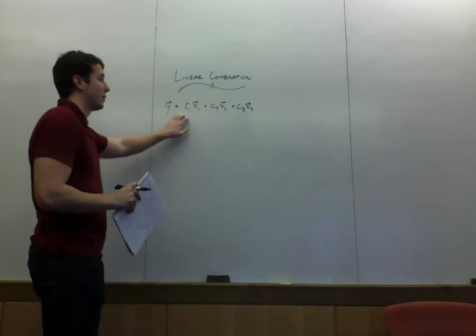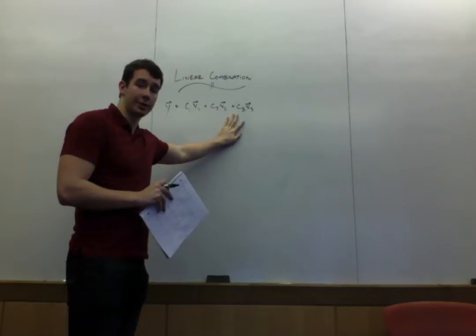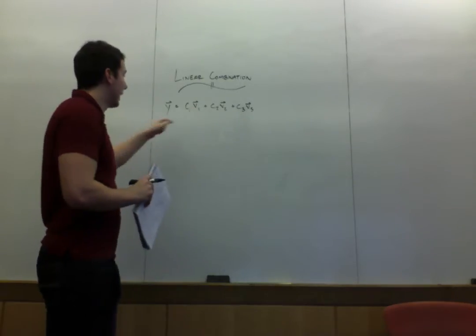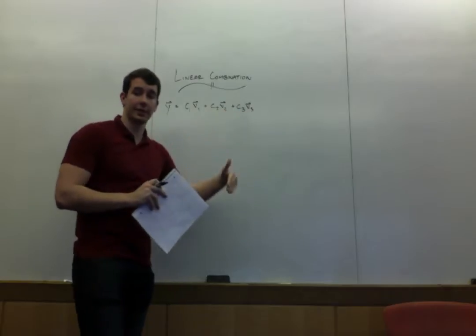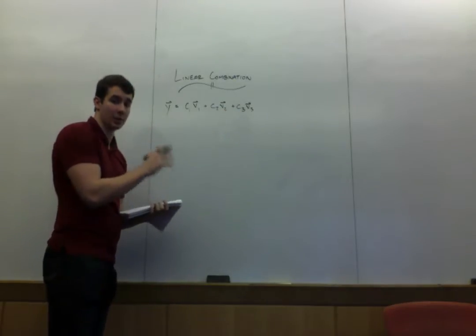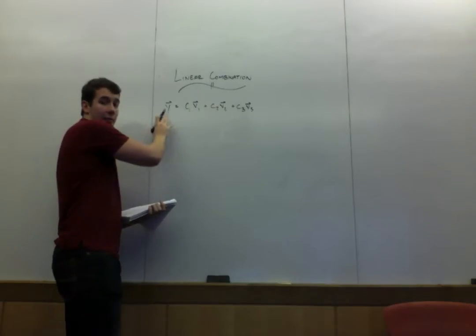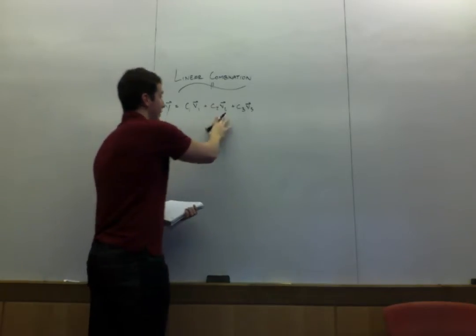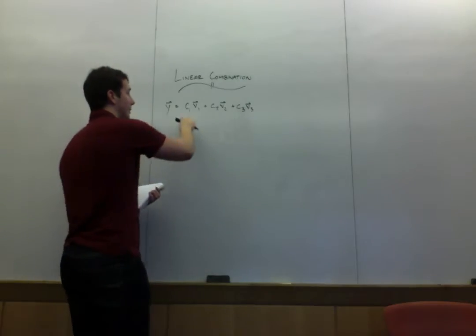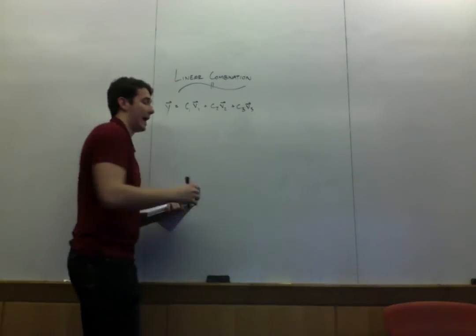And in this case, c1, c2, and c3 are all numbers, so we're just scaling these vectors by numbers. And v1, v2, v3 are all vectors. They are the same dimensions as y. So if y is a 3 by 1 vector, then v1, v2, and v3 each have to be 3 by 1 vectors as well. Because all we're doing is scaling these and adding them together.